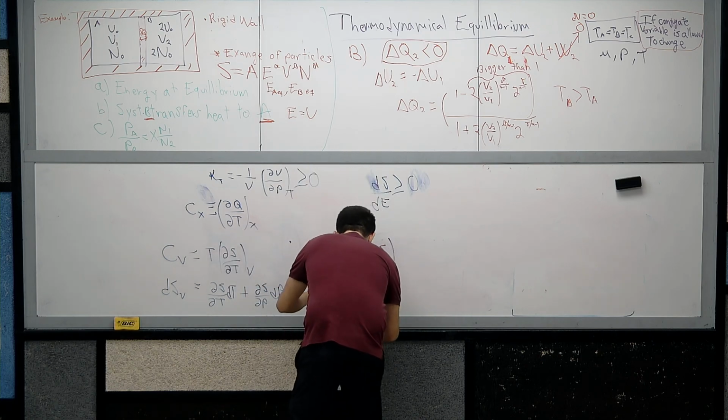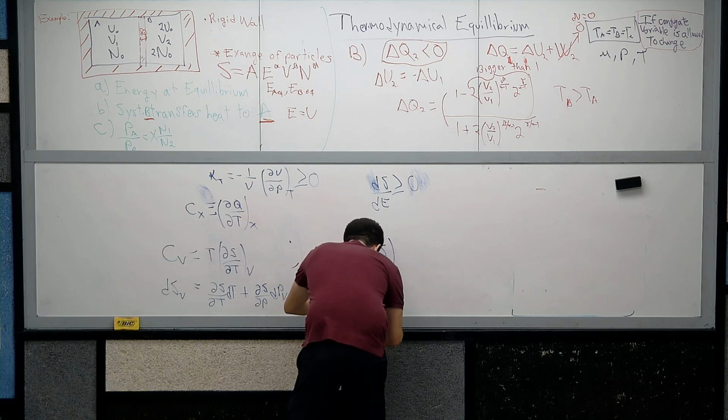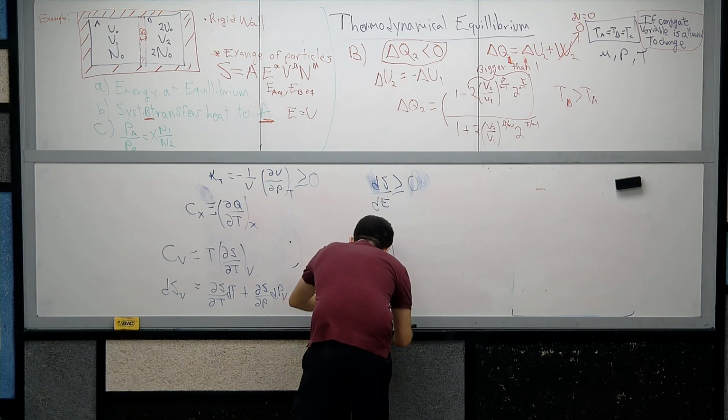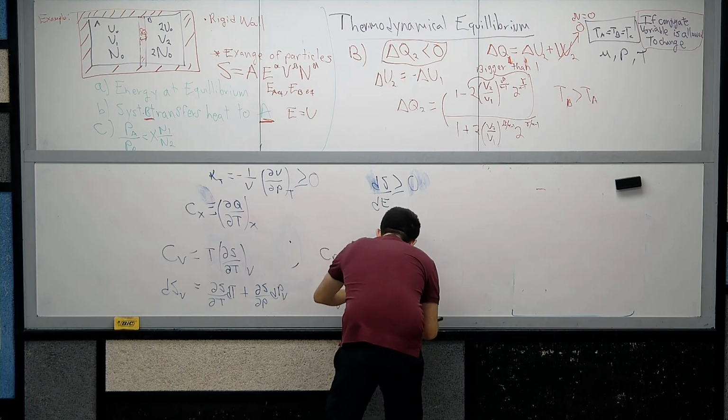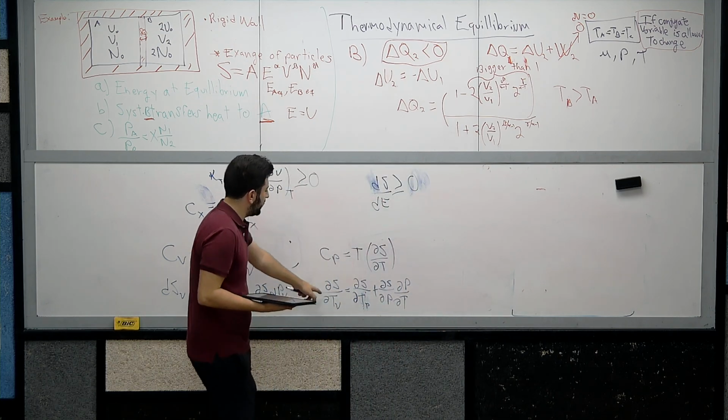You can then just show that the entropy, this is just the chain rule, right?